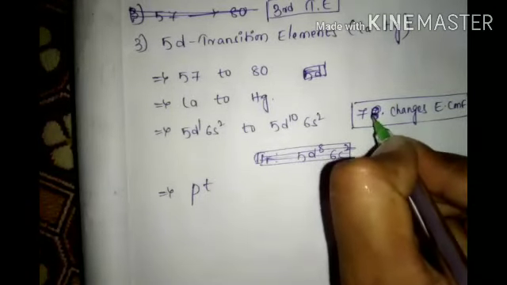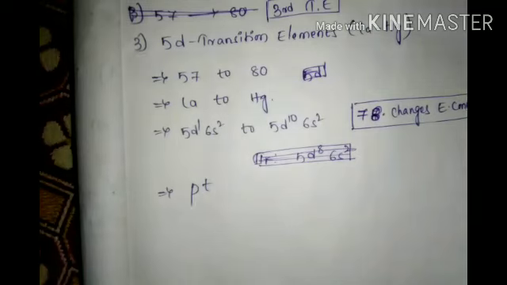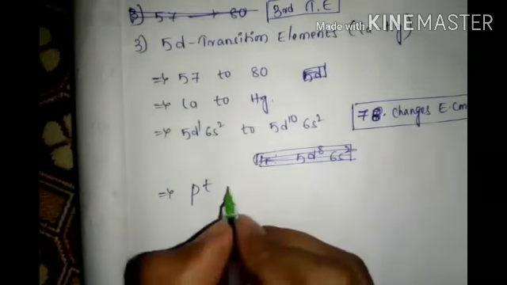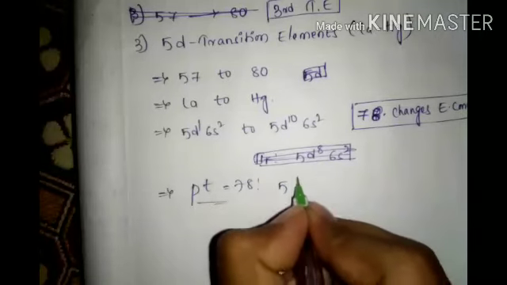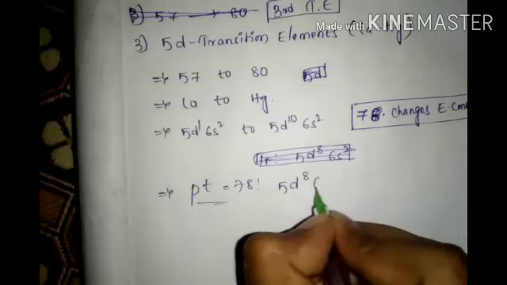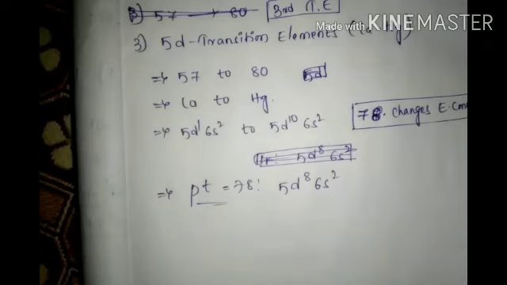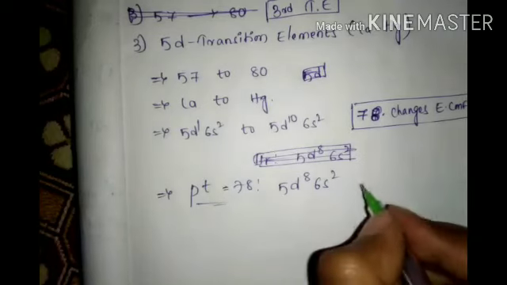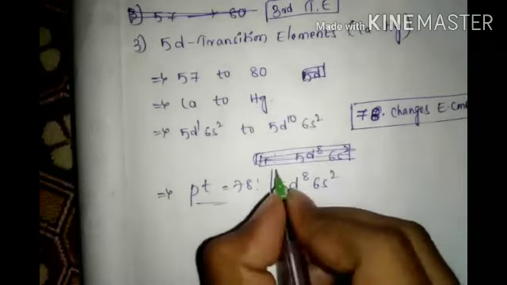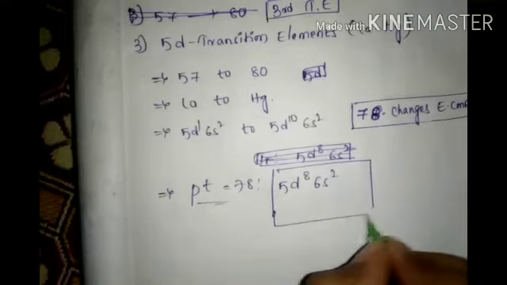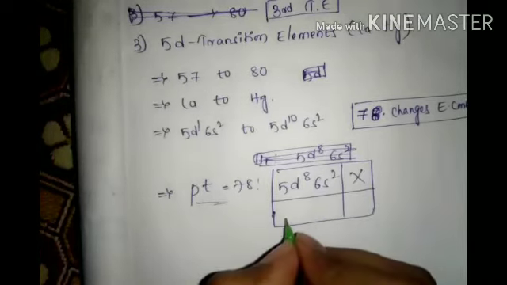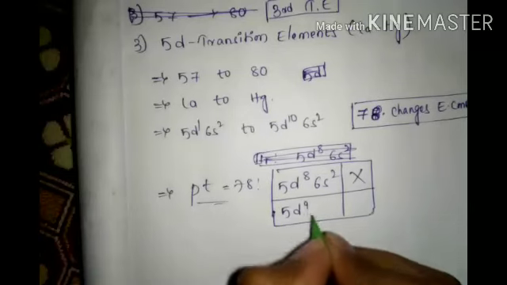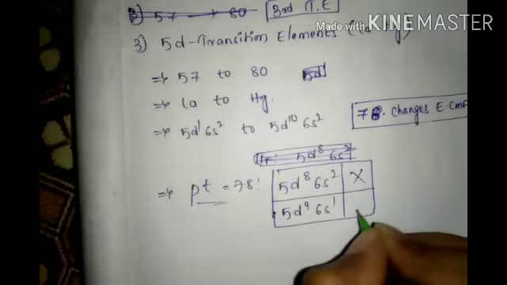Sorry for the inconvenience. Platinum 78 should come 5d8 6s2, but it is not coming. 5d9 6s1 is coming.